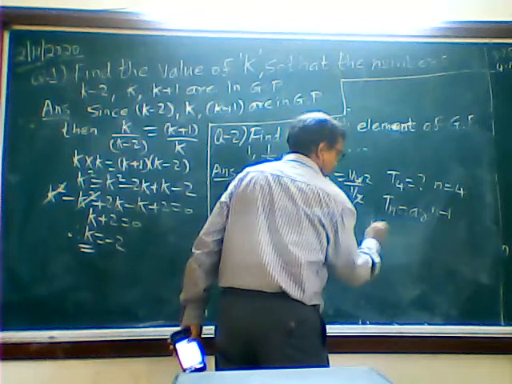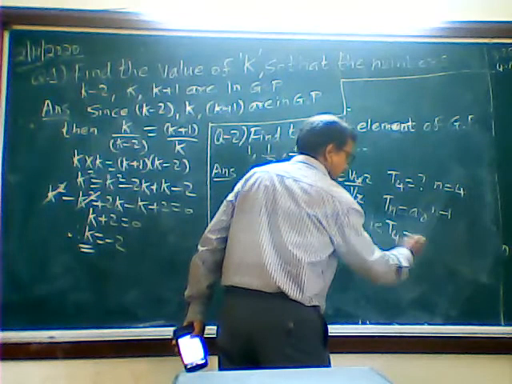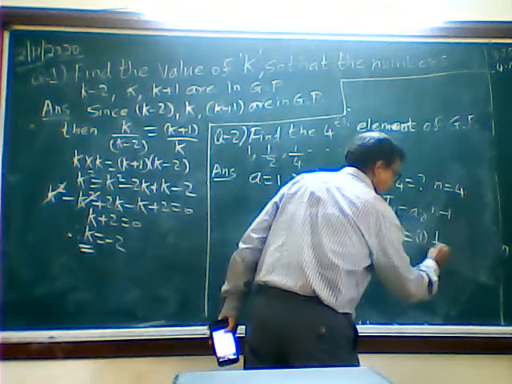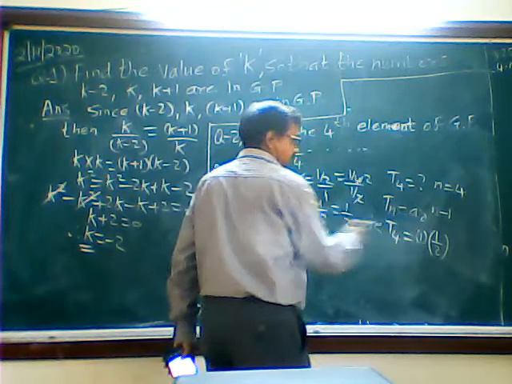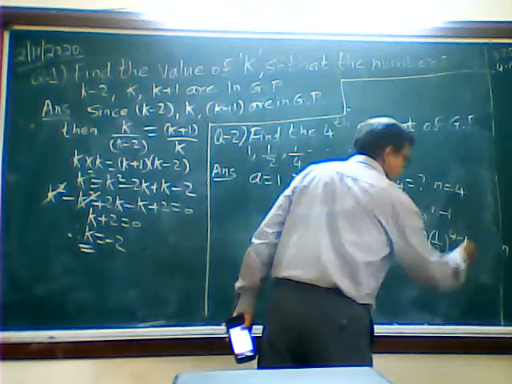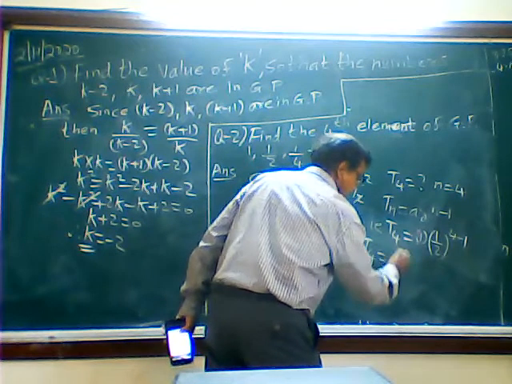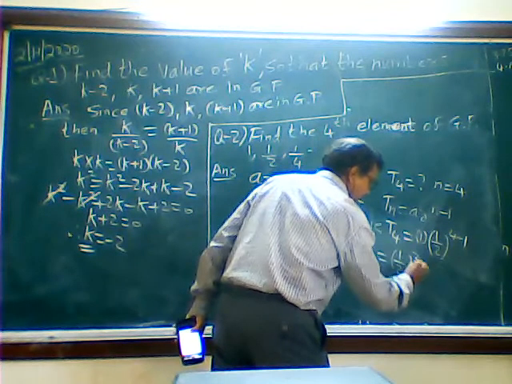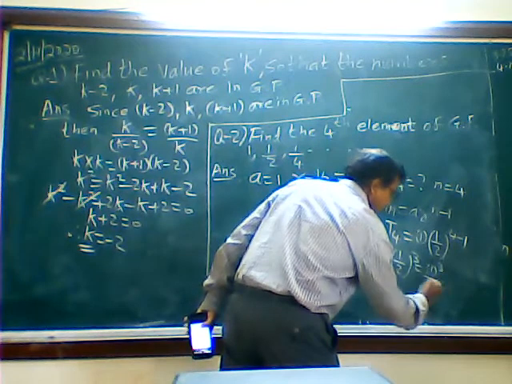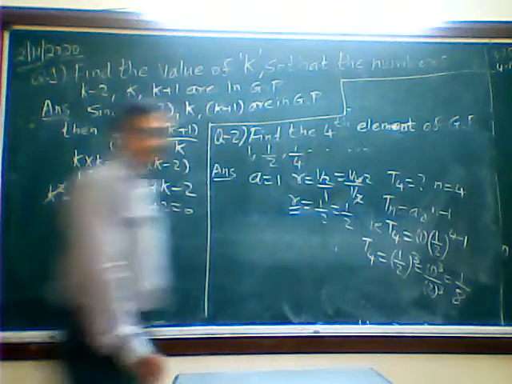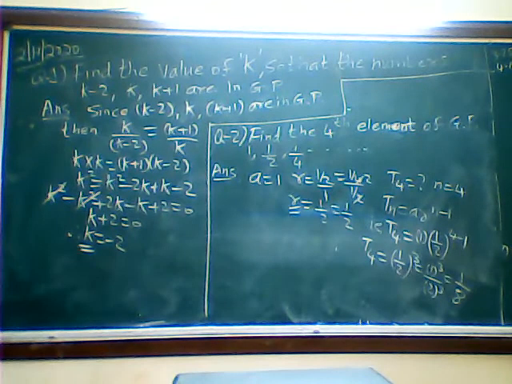For T4, A is 1 and R is half, raised to 4 minus 1. So T4 is 1 into half raised to 3, that is 1 cube divided by 2 cube. 2 cube is 8. So the fourth element T4 is 1 upon 8. Got it? I hope you have understood the question.